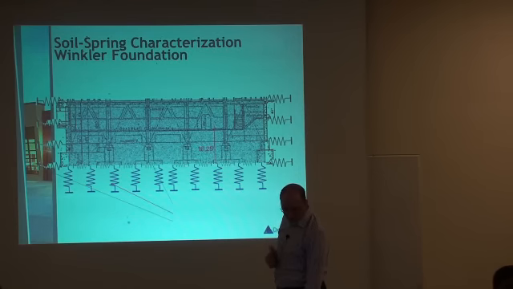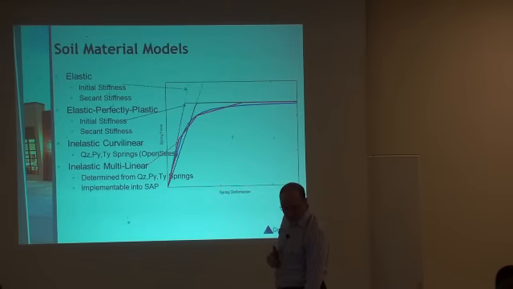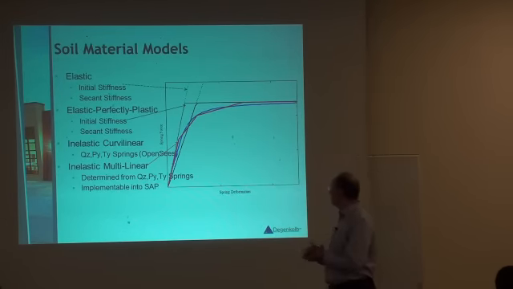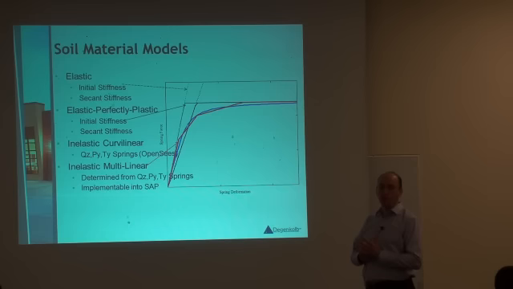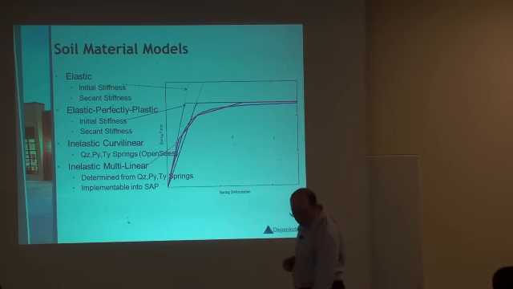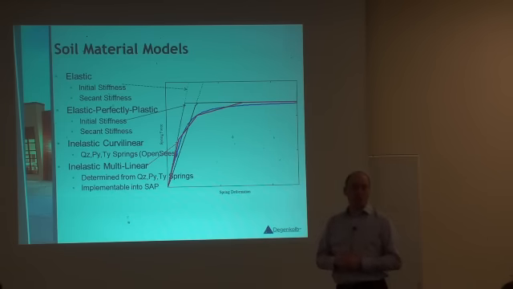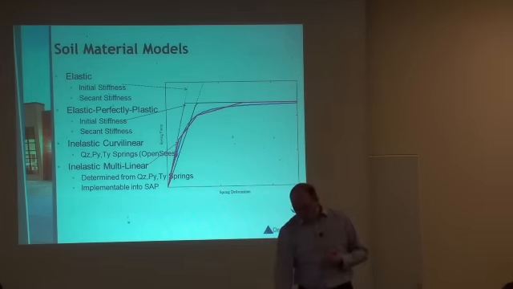So this shows you roughly the development of the springs. There are methods in ASCE 41 and other documents that you can follow to come up with the spring properties. But this is still not something we do on every job. This is something we do on some of the projects and not every project.